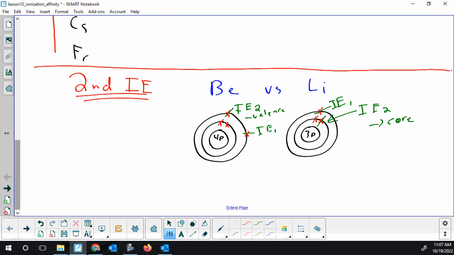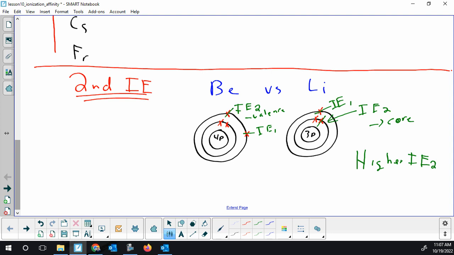So which is going to have a higher second ionization energy? It is going to be lithium by a country mile, by a huge amount. Removing cores takes huge amounts of energy. So we're not using one of those energy level or Z type trends with this.